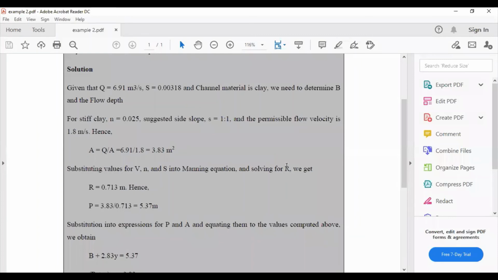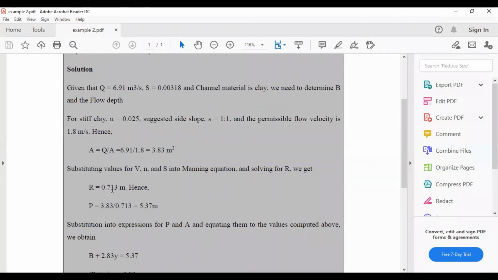So the velocity you have, the n you have, the s, which is the slope, you have. Now the only thing that you miss in that equation is the r, which is the hydraulic radius. So when you make it the subject of the formula and you solve for it, in this case it's not shown here, but when you solve for r, you find that you get 0.713 meters.